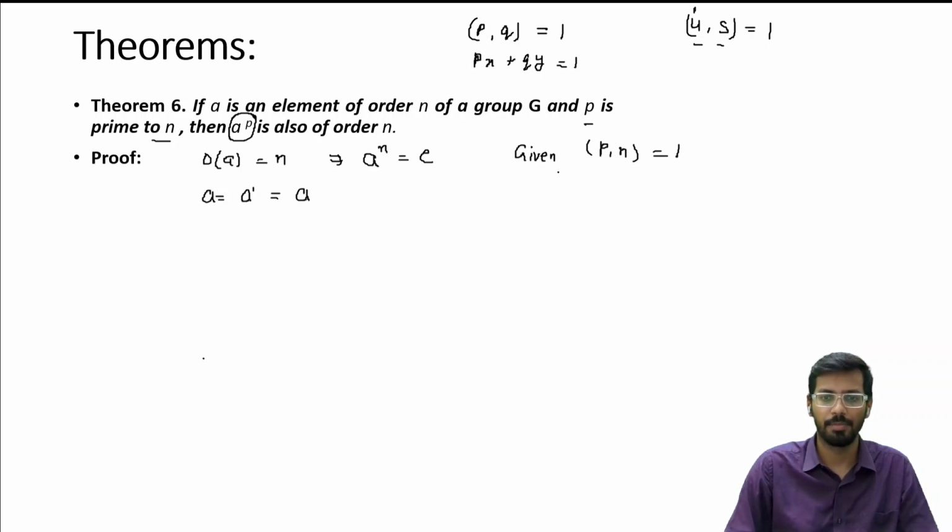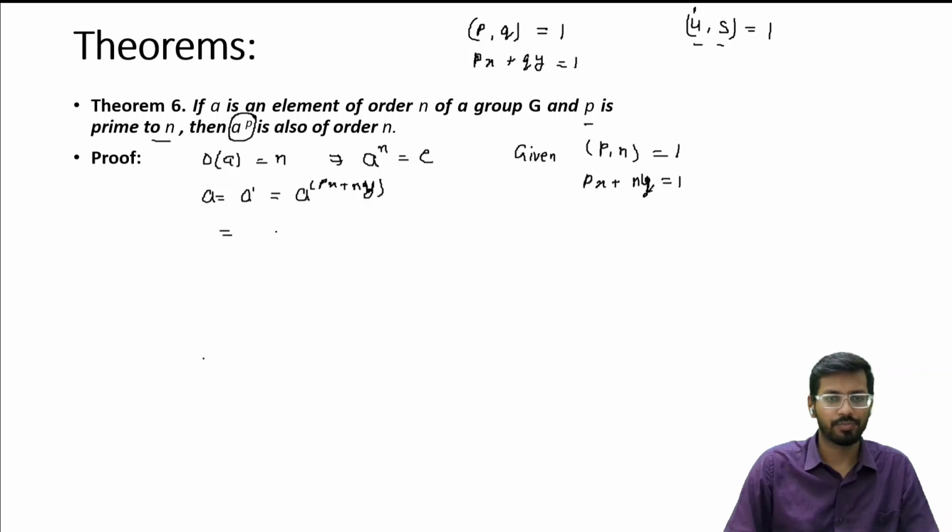Relatively prime means px plus ny is equal to 1. So in place of 1 we can write px plus ny.